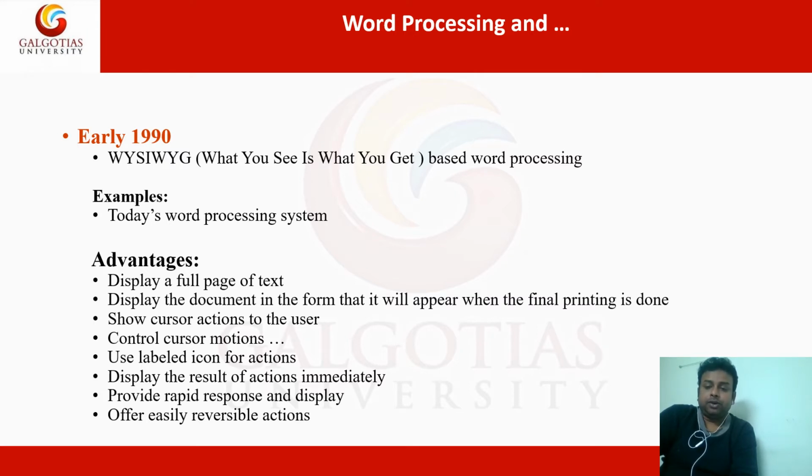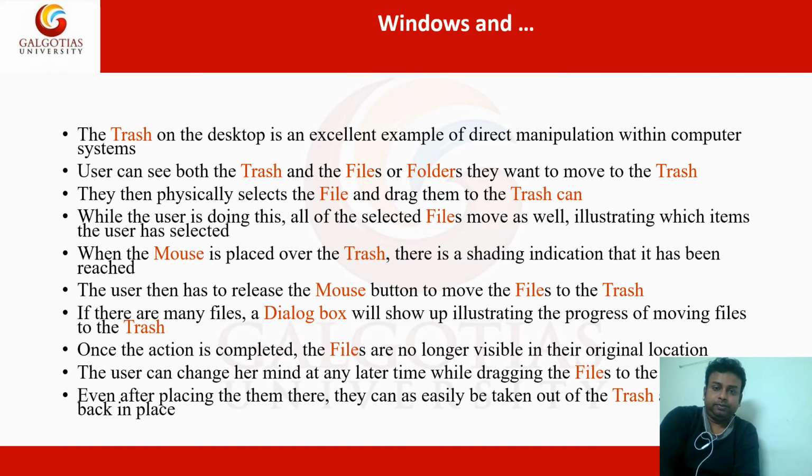Ultimately it follows the different criteria of direct manipulation as well as the 8 golden rules. This kind of word processor, Microsoft Word, fully follows the direct manipulation paradigm.